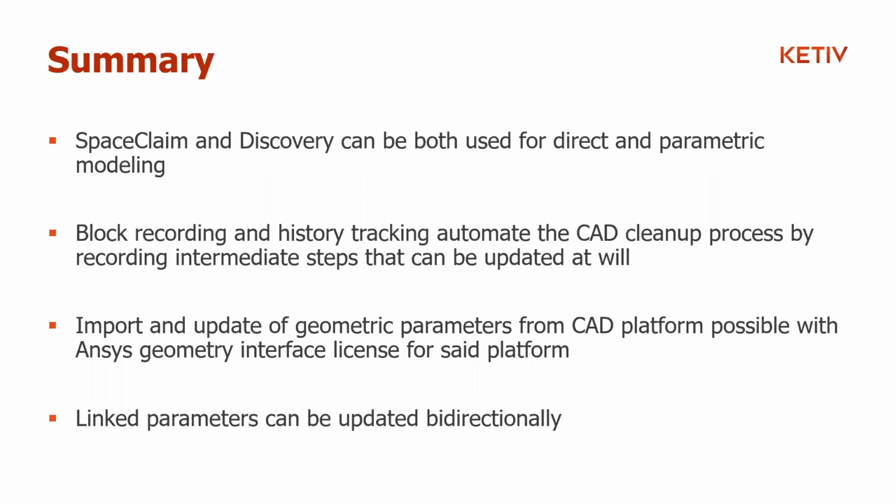We also saw how block recording in SpaceClaim and history tracking in Discovery can automate your CAD cleanup process, how your intermediate steps can be recorded, and how it can be updated by simply changing the values in the parameter box. And we also saw how to import and update geometric parameters from your native CAD platform inside Ansys.